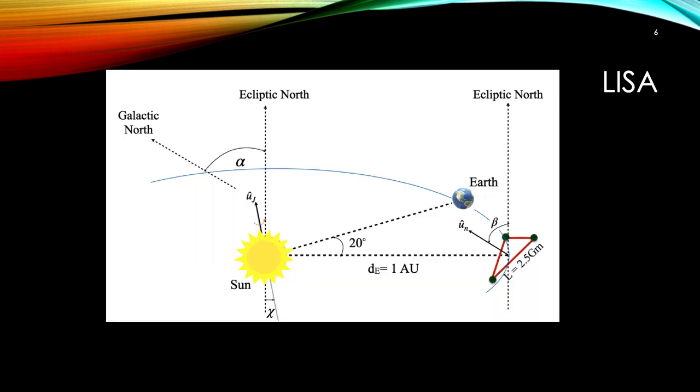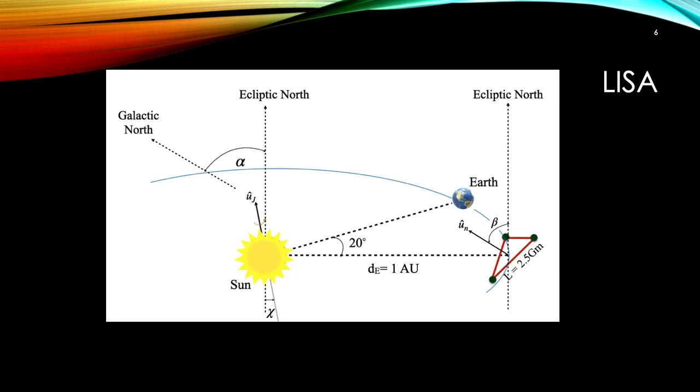Now, in the next slide, we see the configuration of LISA. LISA is a triangle, 2.5 million kilometers inside. The triangle is at an angle with respect to the galactic north, of course, and also to the ecliptic north.